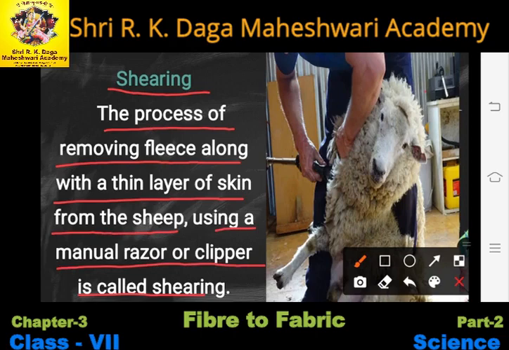Okay, students, as you can see in the picture, here is a man who is removing the hairs from the body of the sheep by using a razor, right? So the process in which we manually remove the hairs of the sheep by using a razor or a clipper is called shearing, right?